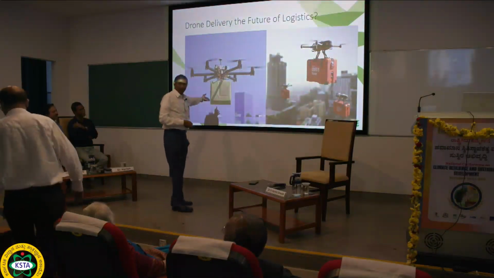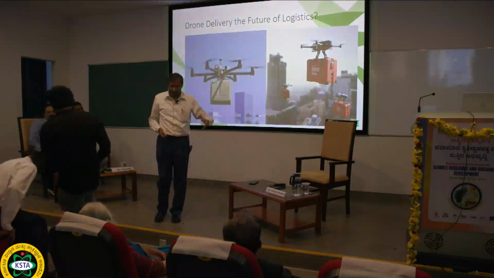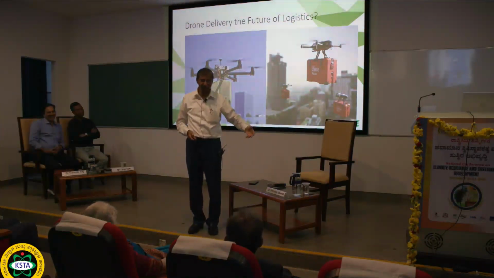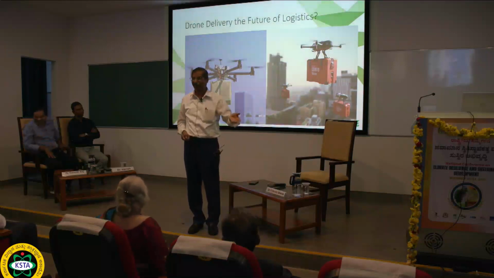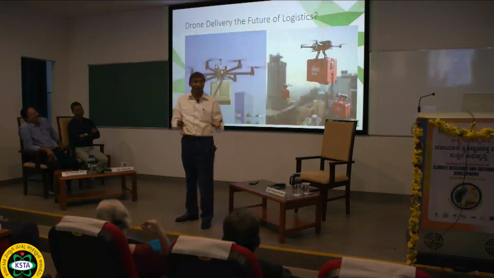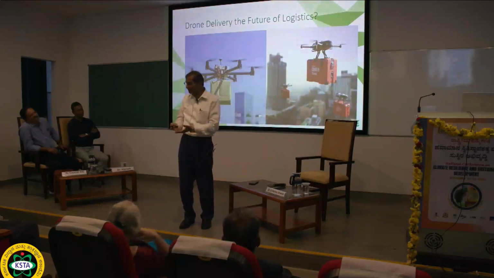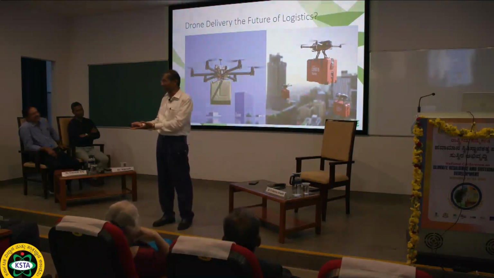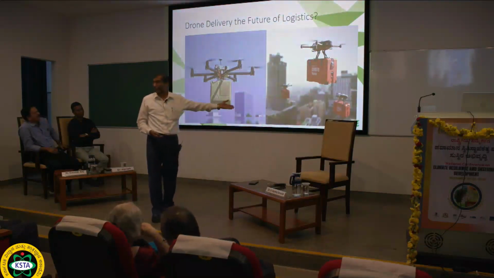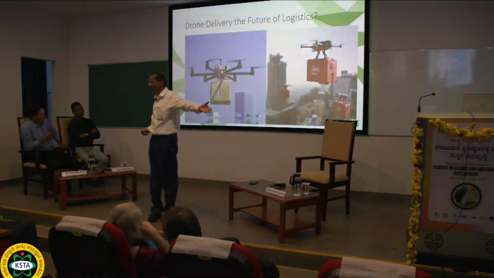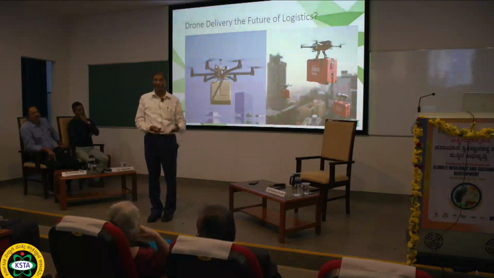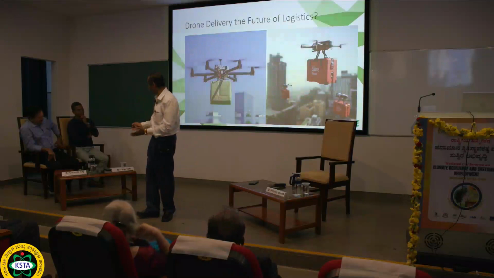Even transportation. Today, for example, in Bangalore, from one place to another place, you require 1 to 2 hours. If you want to go to my office, I have an urgent work, I may require another 1.5 hours to go there. See, so much pollution, which is again adding to the climate change, the carbon dioxide emission. And that's where this drone, in the coming years, now today we don't have permission, but the US is working on it. When Amazon at some point of time took it up, but now it has been stopped.